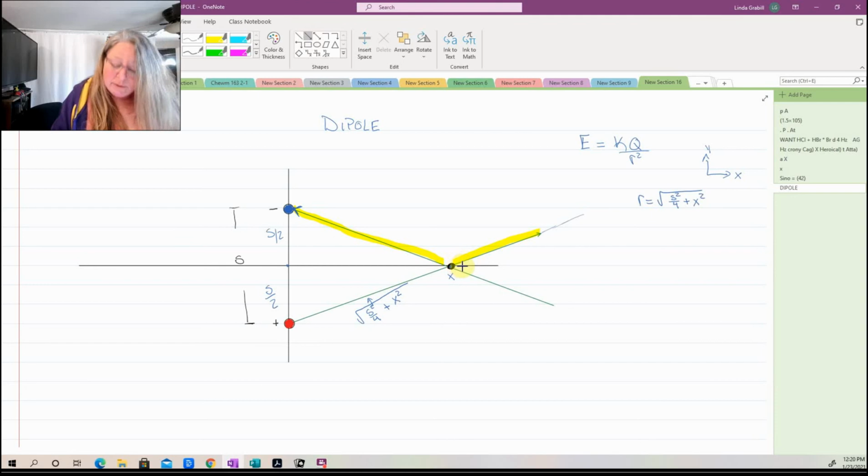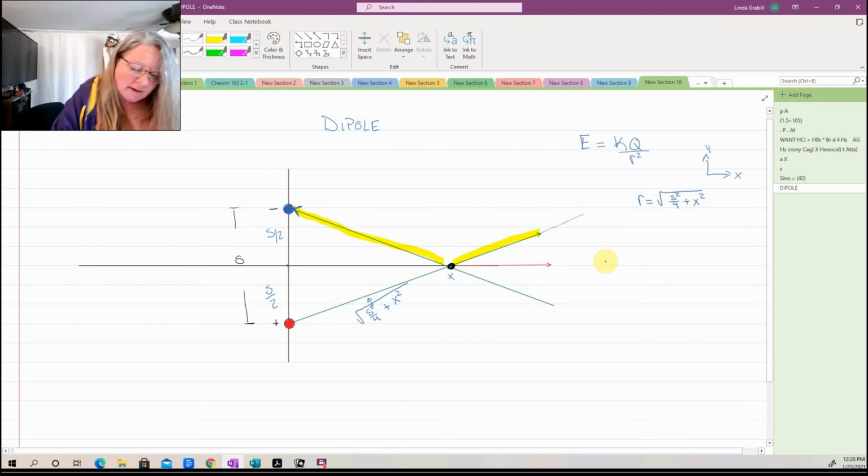But if they're equidistant away and the same magnitude of charge, I'm going to have an x vector coming out like this on that side, and then an x vector going out like this on that side. Same distance, same charge, so the component in the x direction is going to cancel. So that's nice. That tells me the only thing I am worried about for both of these is my y component.